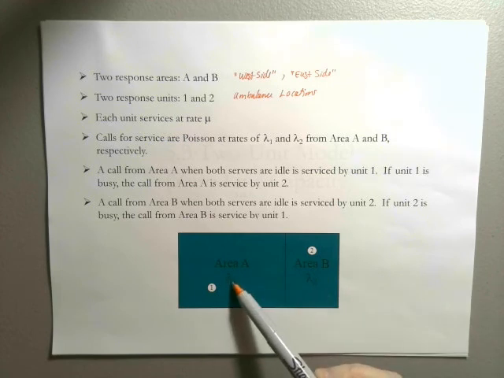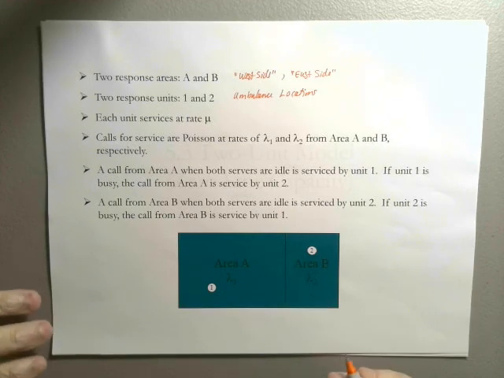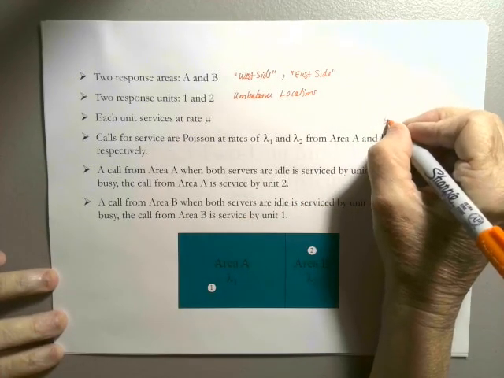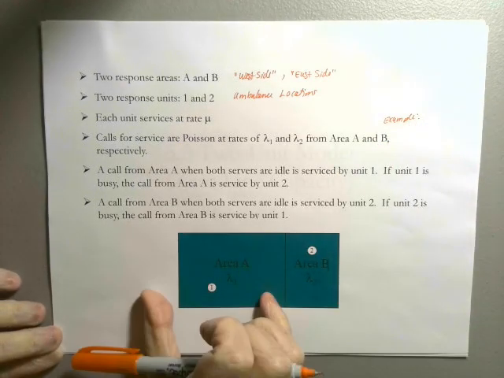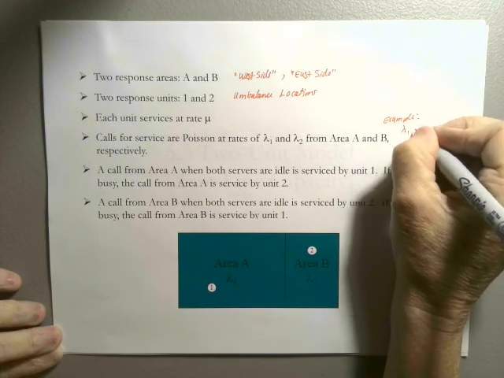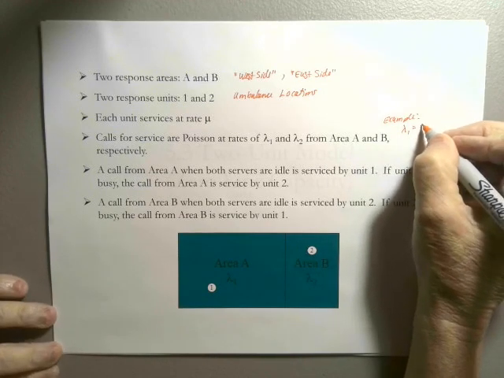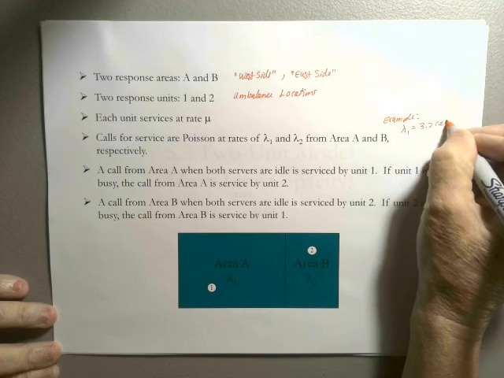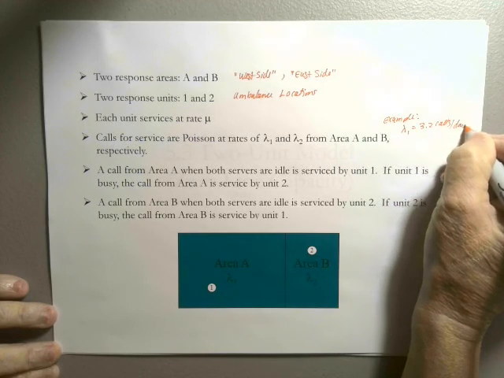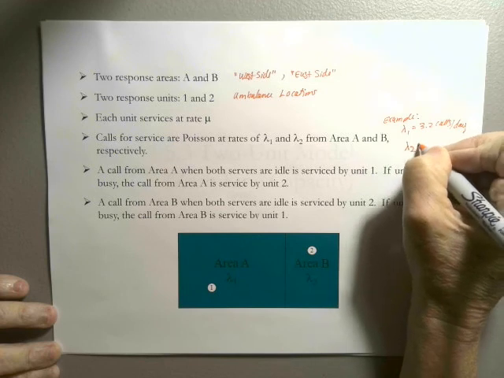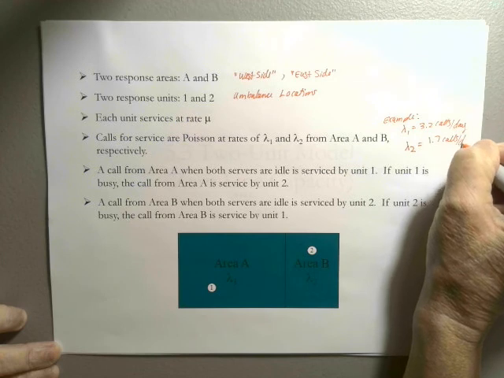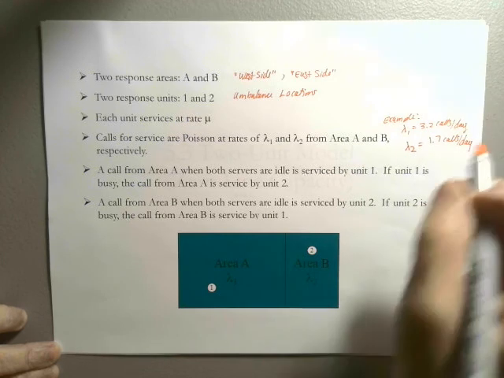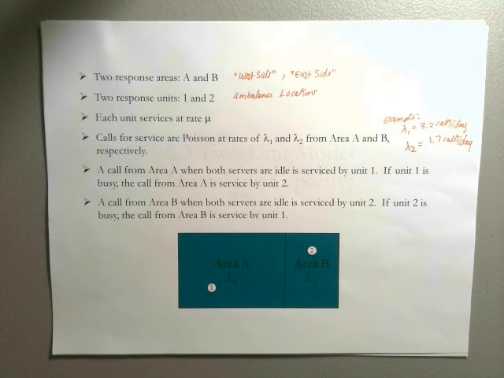We're going to have a different call rate from area A than from area B. So as an example, perhaps lambda 1 is equal to, maybe this is a larger area, 3.2 calls for service per day, and then maybe lambda 2 has 1.7 calls per day. So the point is that the generation of calls is going to be different on the east side or the west side.